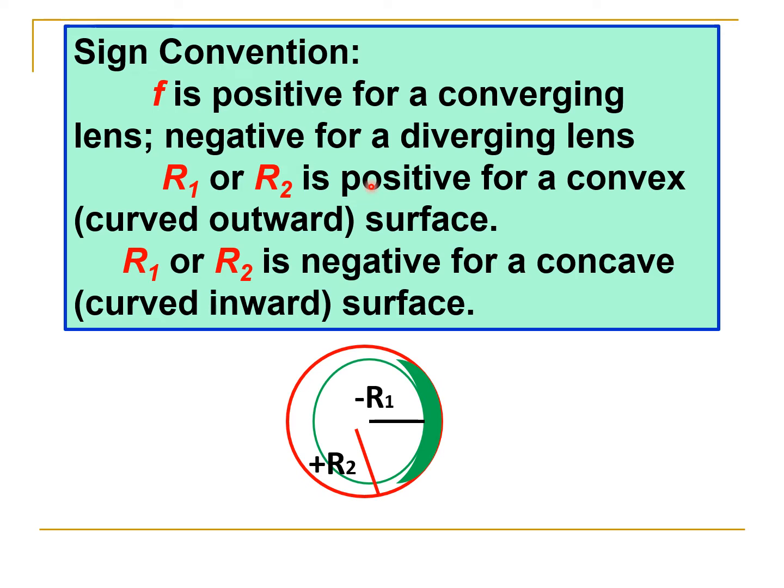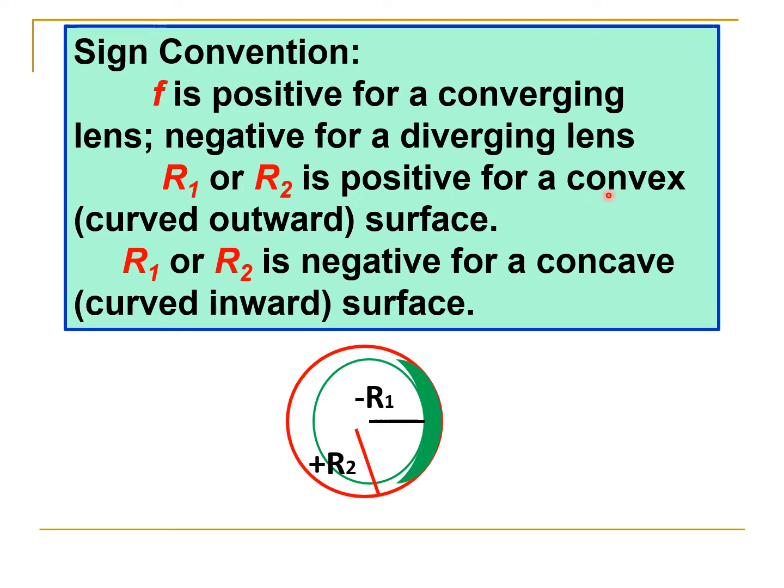Just like image formation by mirrors and lenses, we also have to follow a certain sign convention. So if the lens is known to be converging, then the focal length is considered positive. But if the lens is a diverging lens, then its focal length is negative. The two R's, either R1 or R2, are treated as positive when the surface is convex.